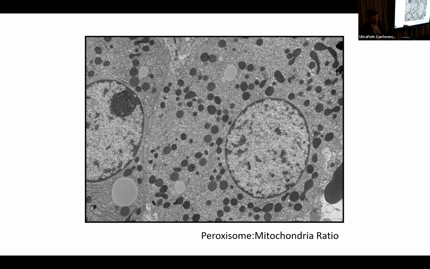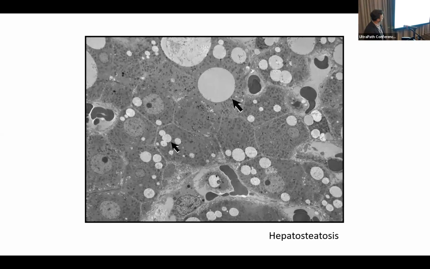When you get to zone 3 near the central vein, that ratio might be a lot higher, because that's where the hepatocytes deal with toxins more. And so you could have as many as a 1-to-1 peroxisome to mitochondria ratio there.